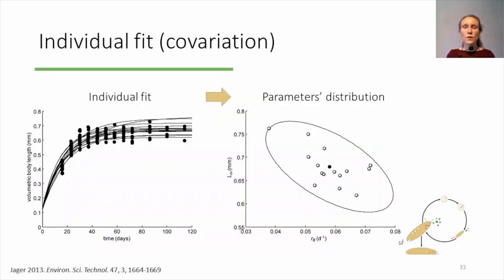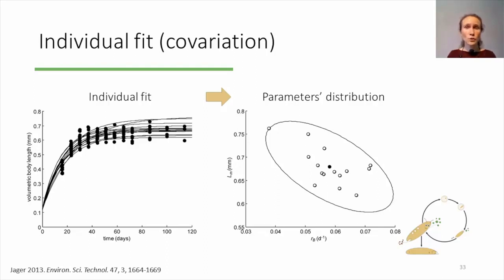Then other methods will actually use individual fit. So they will actually fit a DEB model to individual data, which is what we should all do usually, but we can be limited by the data available. So I come back here to the springtail and cadmium study, and this is only the data without cadmium.